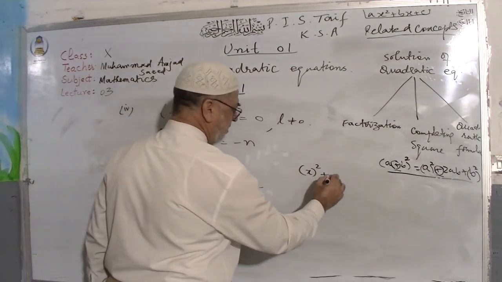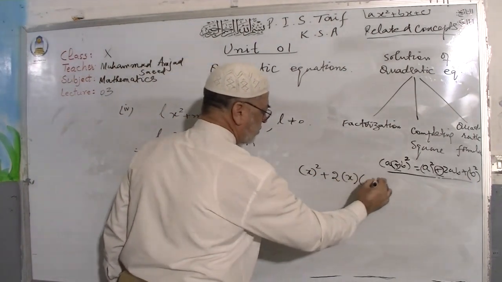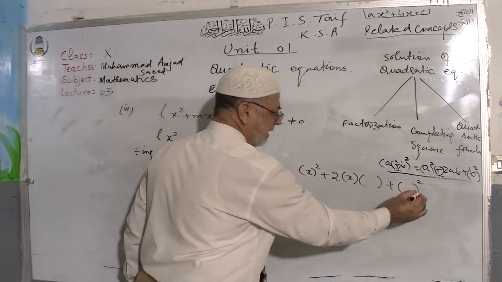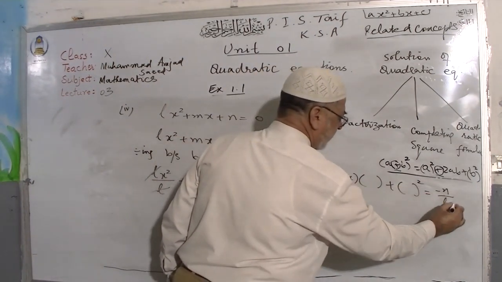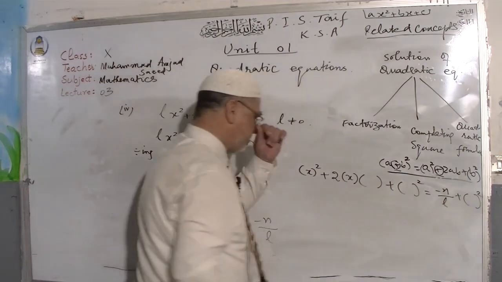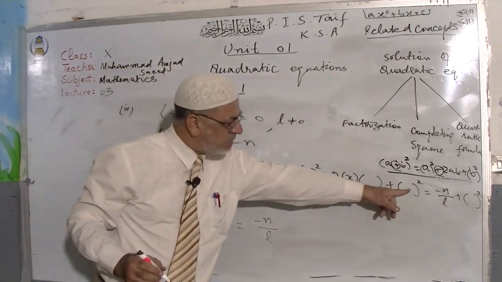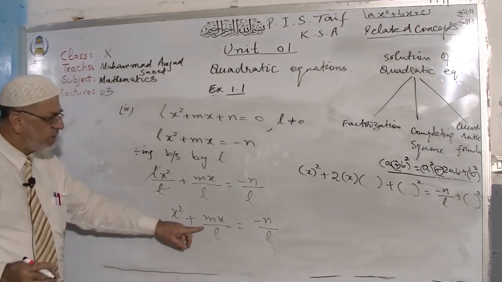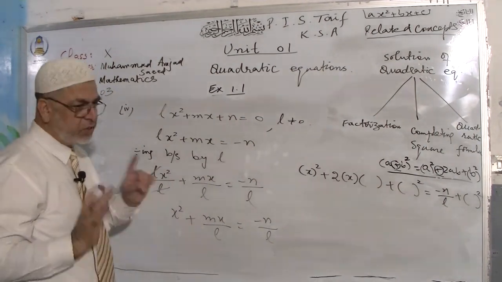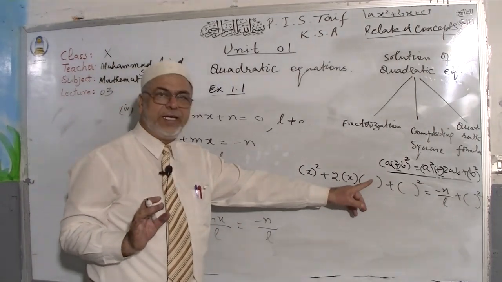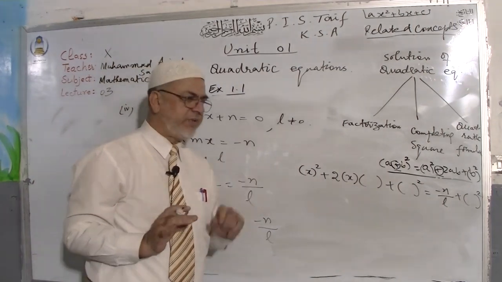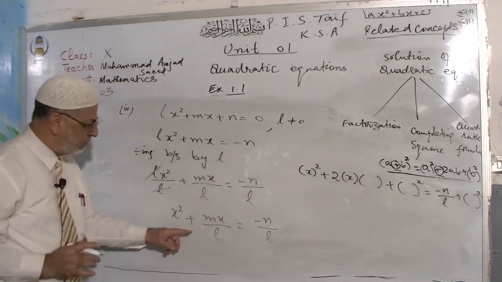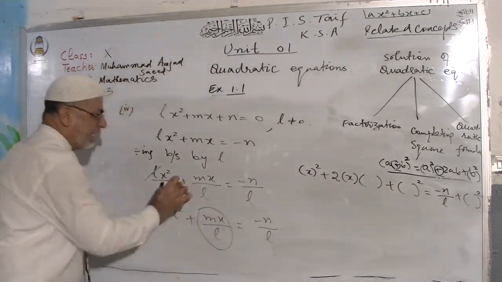First square plus 2 into first into second plus second square is equal to minus n over L plus second square. Actually, the second term is missing. Here, you can check. You have to write down the term here in such a way that you will get mx over L again.